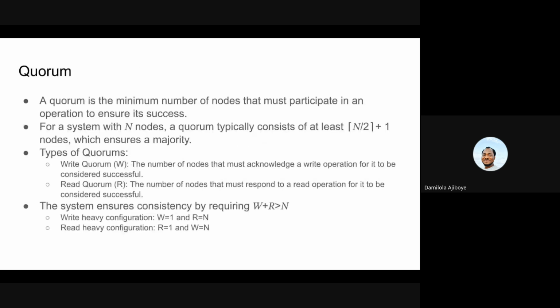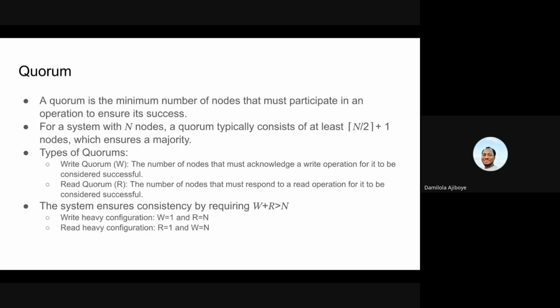So we look at Quorum. Still related to what we just talked about, where we can tune some of these variables. So a quorum is the minimum number of nodes that must participate in an operation for it to be marked successful.